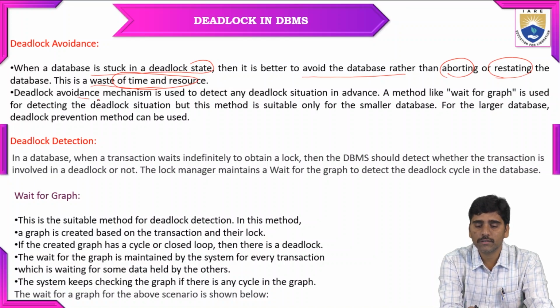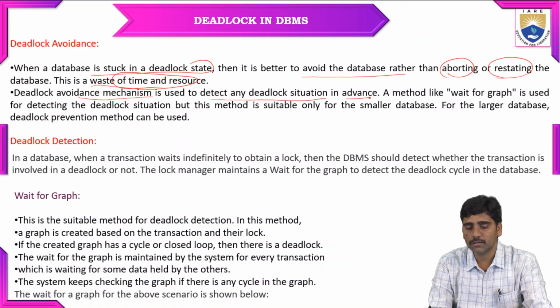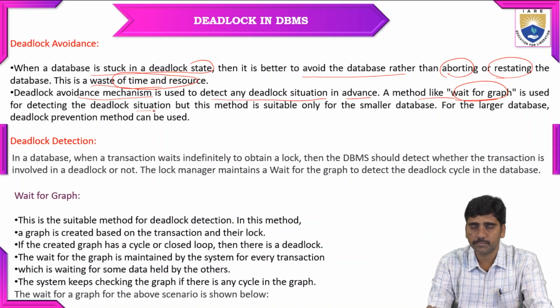So a deadlock avoidance mechanism is used to detect any deadlock situation in advance. Deadlock detection finds in advance where a deadlock is occurring. For this, a method like the wait-for graph is used for detecting the deadlock situation, but this method is suitable only for smaller databases.